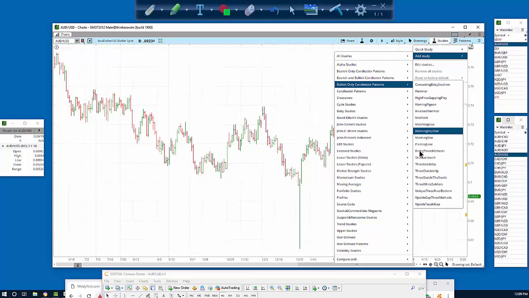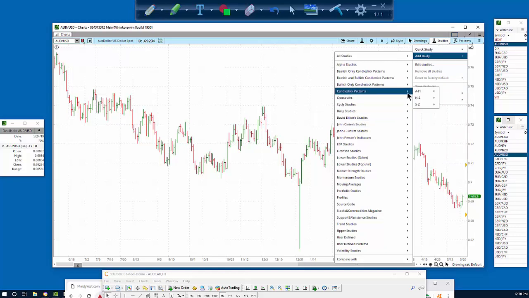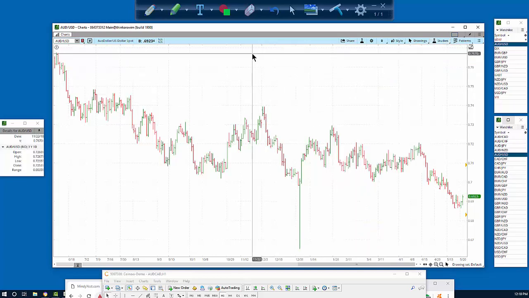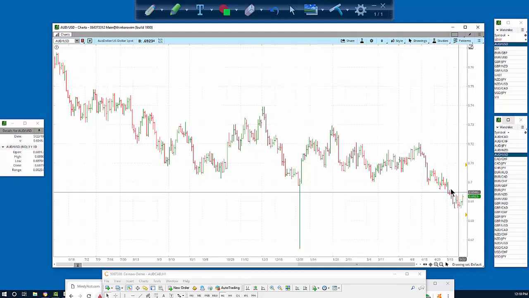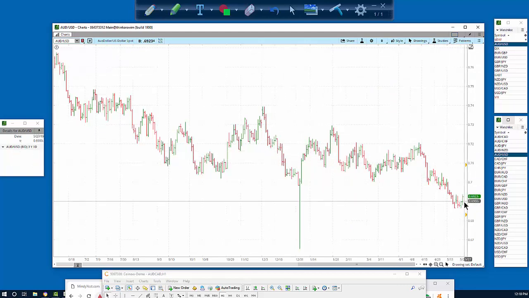And every single one of them is a different formulation of moving averages in some way, shape, or form. That's all they are. Now, the other problem is that technical indicators are by their very nature historical, because you can't have an indicator that's going to read what's going to happen tomorrow, right, or the next day.